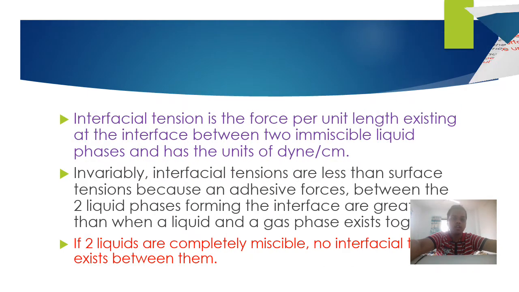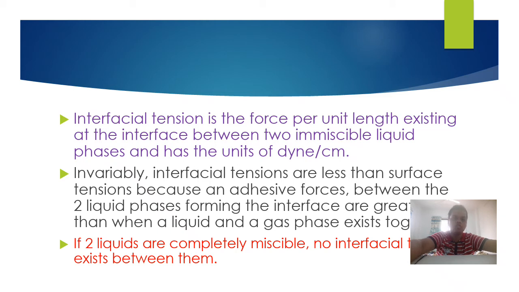Now what is the meaning of interfacial tension? It is the force per unit length existing at the interface. We have already seen in our previous slide that there is an interface between any two phases, and so it is the force per unit length existing at the interface between two immiscible liquid phases, and it has units dyne per centimeter.